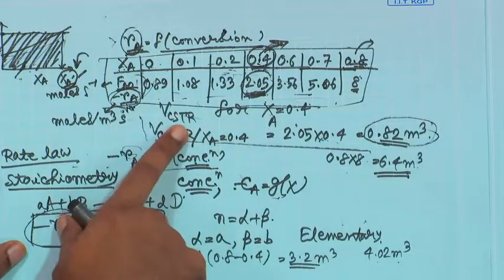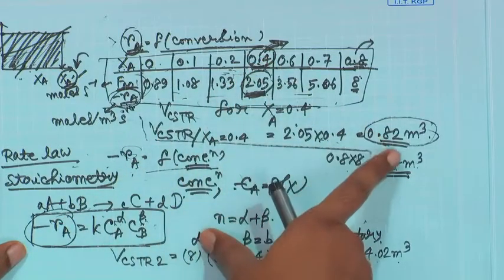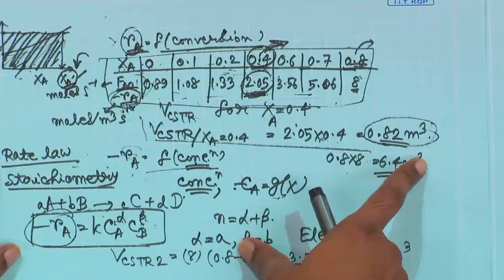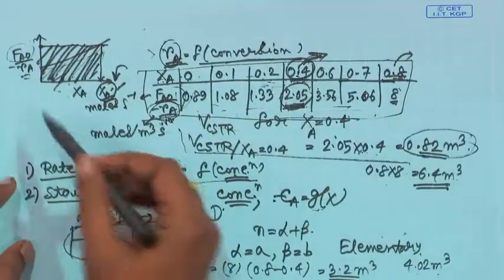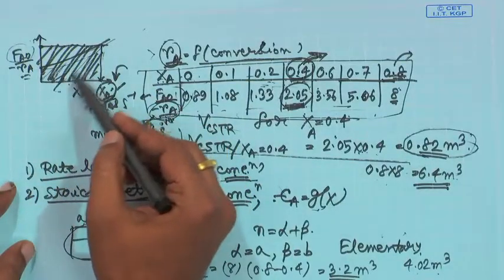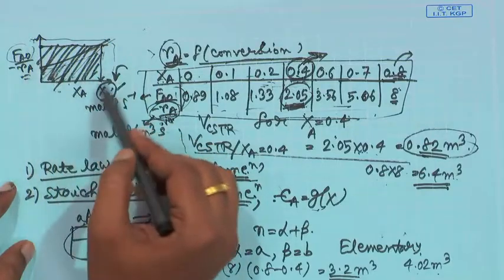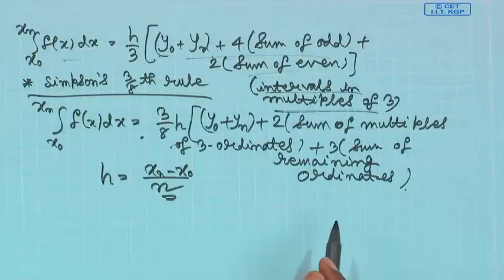We have already found the volume of the CSTR, the continuous stirred tank reactor, necessary for 40% conversion, that is 0.82 meter cube. We know from this graph that the area under the curve gives you the PFR volume, while the whole rectangle gives you the CSTR volume. So, you will get a value lower than this when you calculate it.